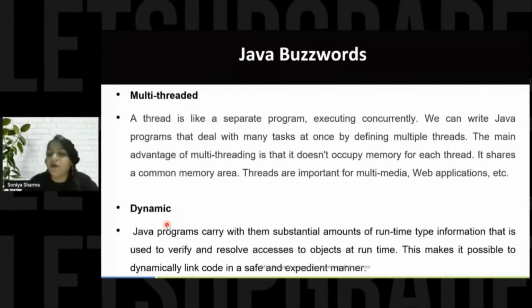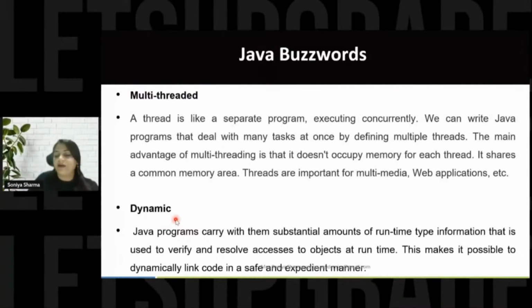Yes, definitely we are going to. Currently we are just looking at the buzzwords, why there is so much hype for Java. That's why people are moving towards Java. We will slowly see how Java is executed, where the bytecode is generated, and how this bytecode is executed. All this we will see in detail.